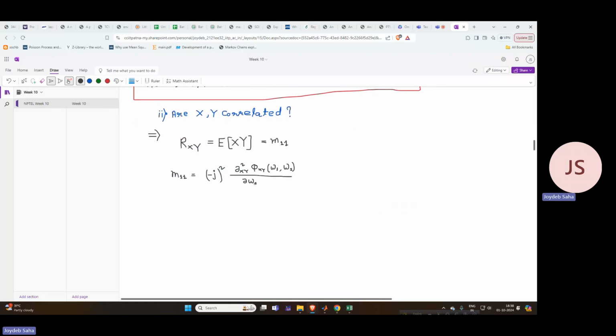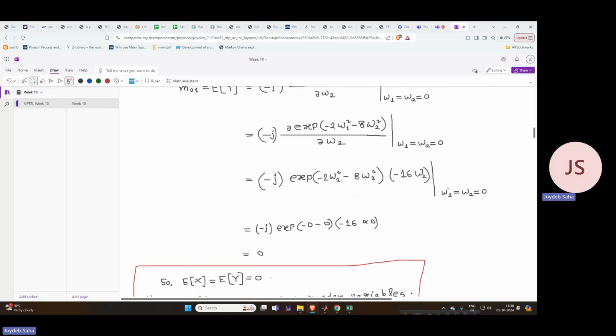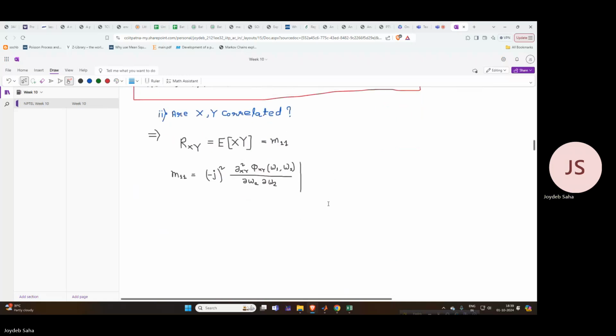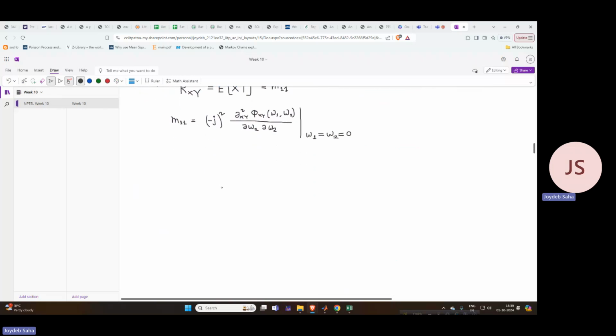Delta omega 1, delta omega 2. And what is the value of omega 1, omega 2? This is again omega 1 is equal to omega 2 is equal to 0. So let us try to solve this.